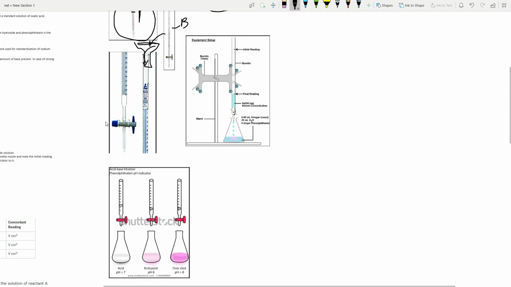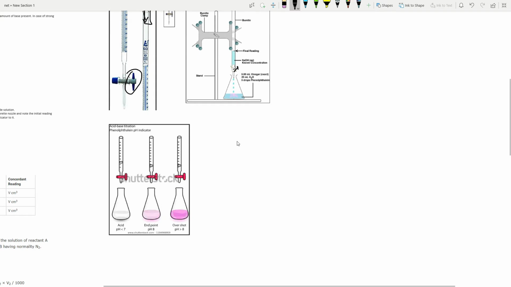Now you'll see a stopper in the burette, which you slightly open so that your standard solution goes down drop by drop. So here the standard solution is oxalic acid, and in the flask there is NaOH plus your indicator.